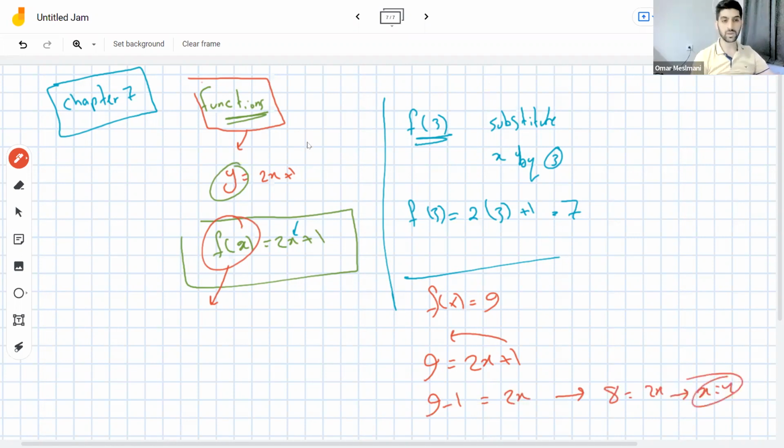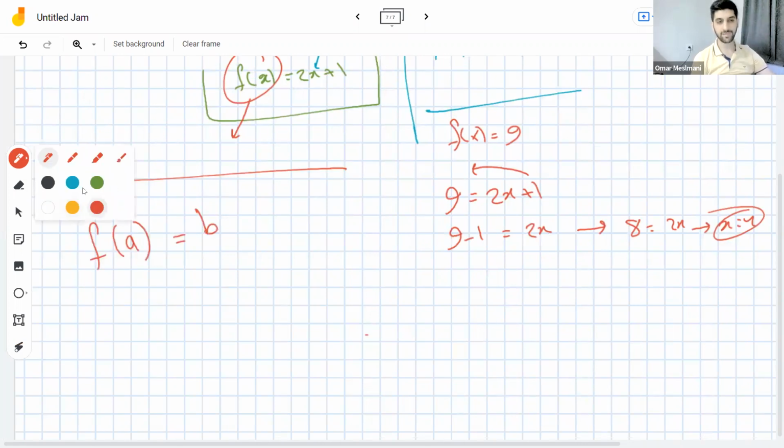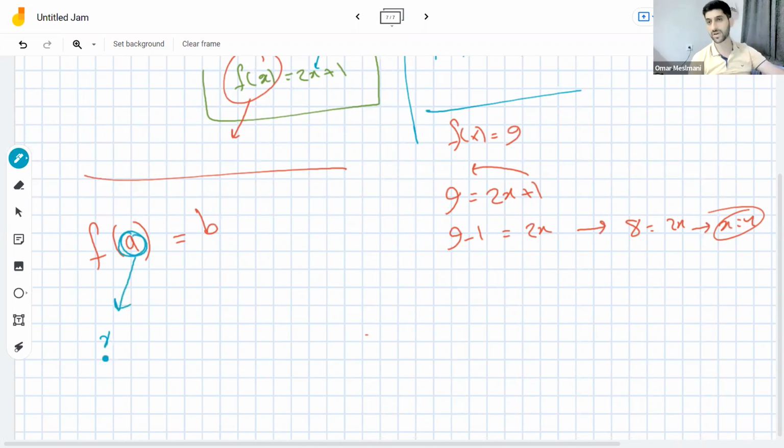Okay, so this is a very important thing. The f(x), or f of a value, you take the value and put it instead of x. Take it as a general note. Whenever it says f(a) equals b, it means that a stands for the value of x, or the value of your variable, and b is the value of f(x).